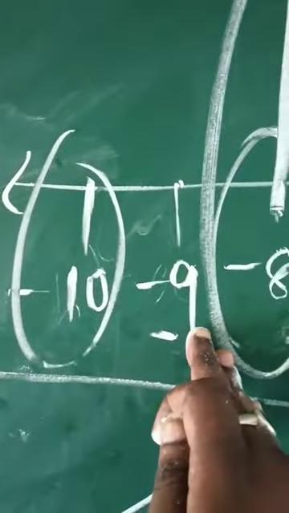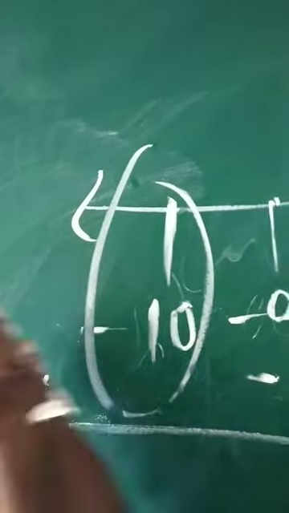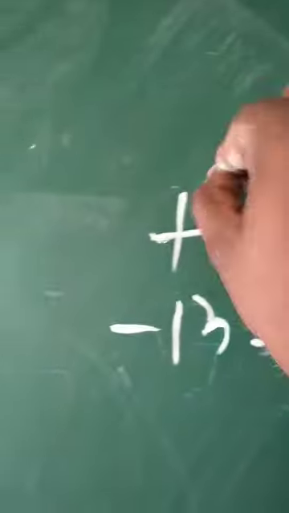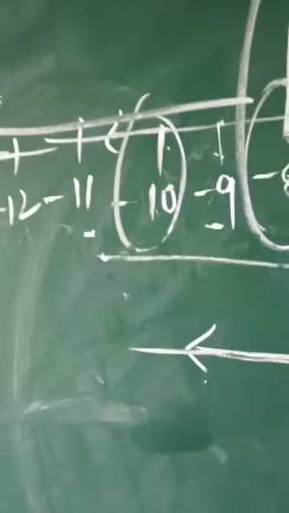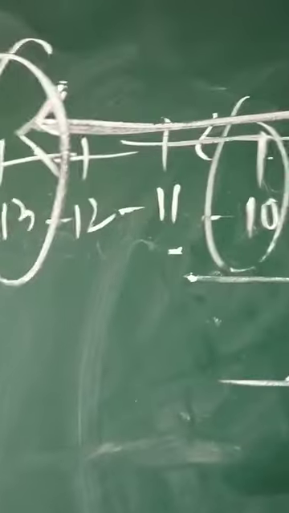The numbers are in decreasing order: minus 8, minus 9, minus 10, minus 11, minus 12, minus 13. So I have to move towards the left hand side, because minus 13 is lesser than minus 8. Minus 8 is bigger, minus 13 is lesser. So naturally I have to move towards the left hand side in order to stand on minus 13. I hope I'm able to make you understand.